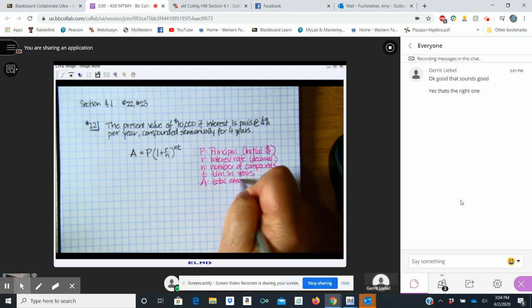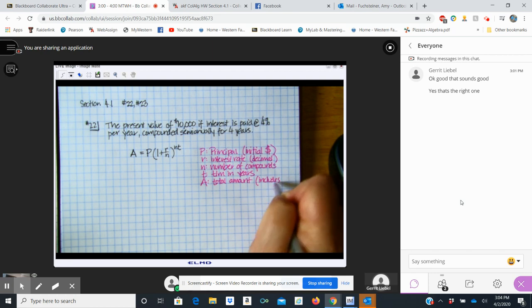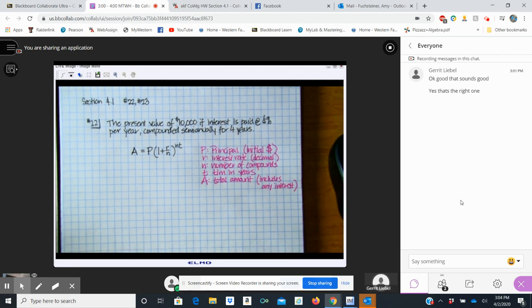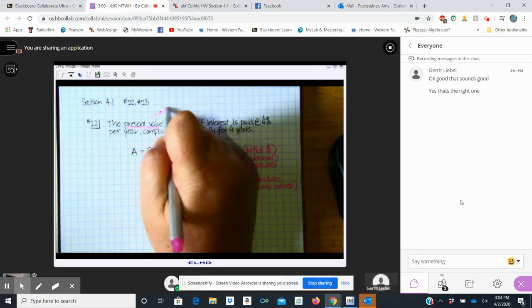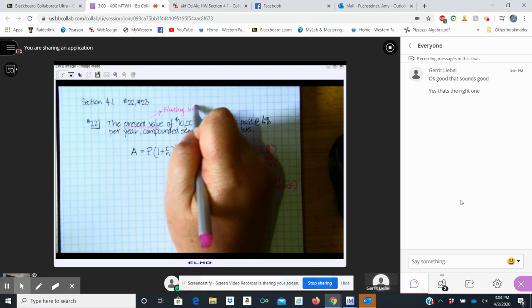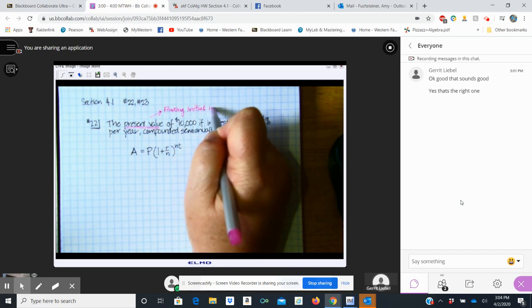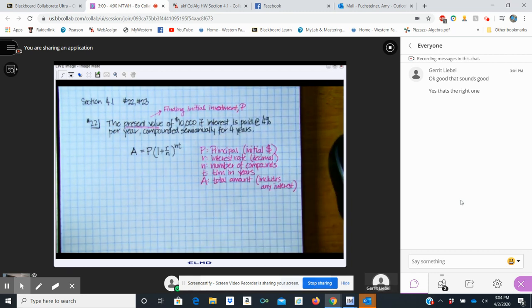That's going to include interest. When we look for the present value, we are finding the initial investment, or P.